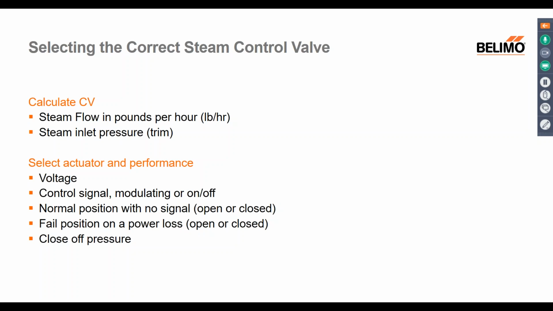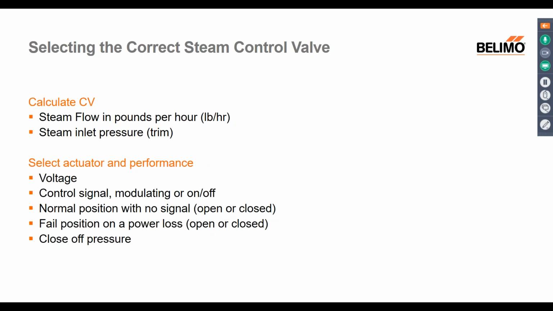Then as far as the actuation side, we need to know the voltage, the control signal, is it modulating or is it on off, or any type of signal. Belimo MFT technology is all we use. That's multi-function technology, and you'll see that in a moment.